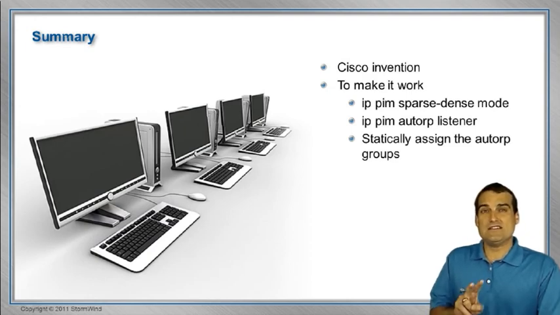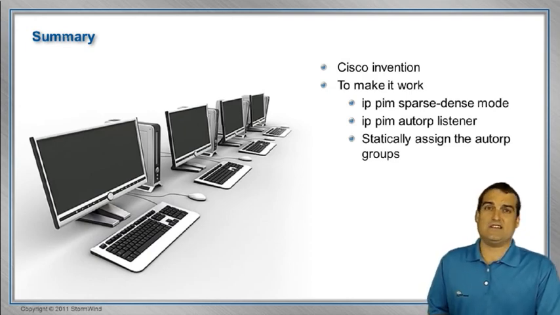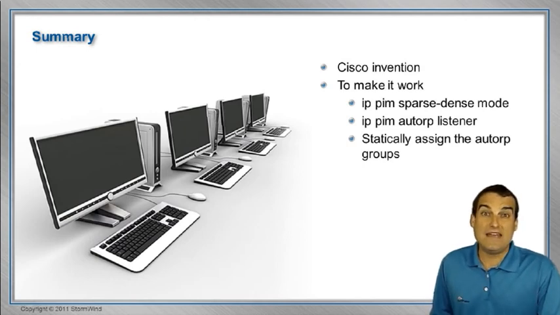Remember, those roles could be on the same device, but for robustness and also for a situation where you might have many different rendezvous points, you probably want to separate those roles.